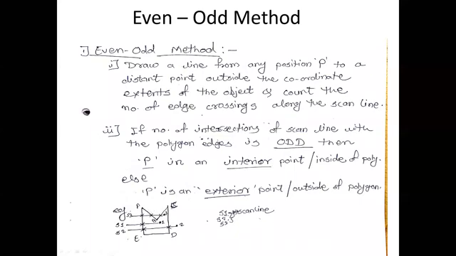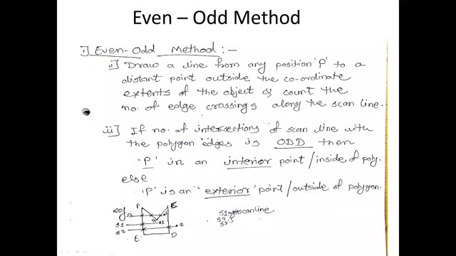You have a particular polygon here, and you have to identify whether pixels 1, 2, and 3 are inside or outside of the polygon. If you look at the figure directly, you can say that points 1 and 3 are inside of the polygon and point 2 is outside. But how does the computer understand this?